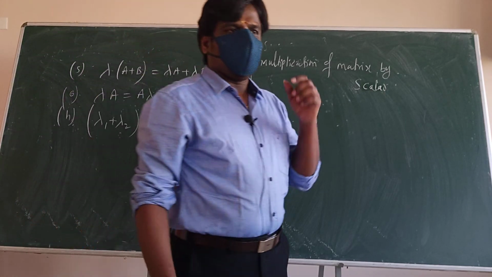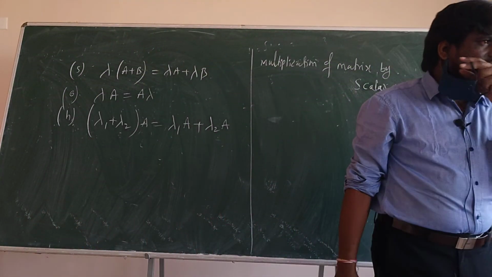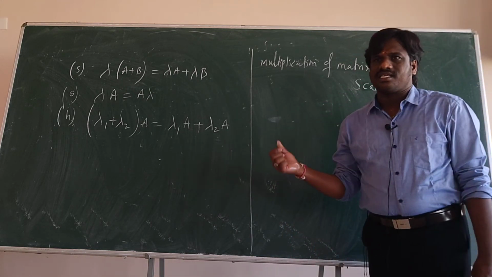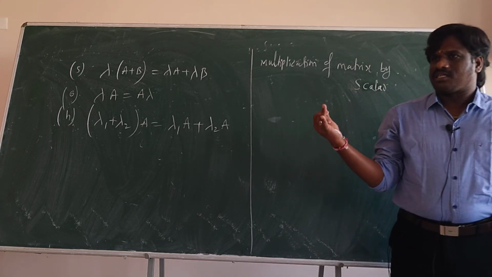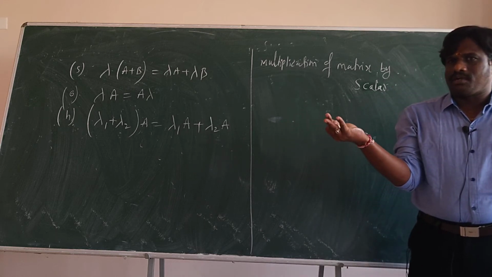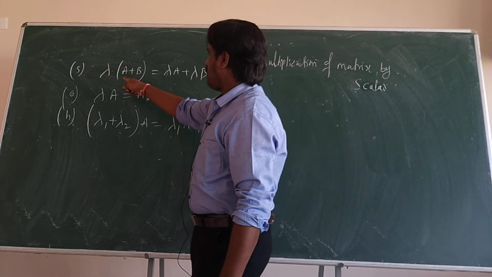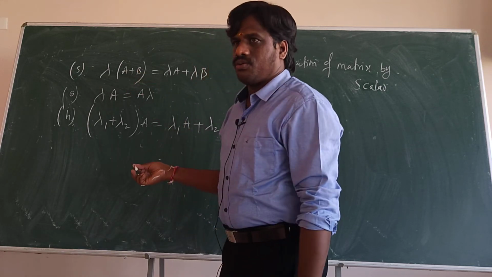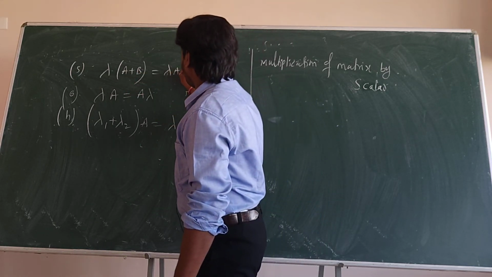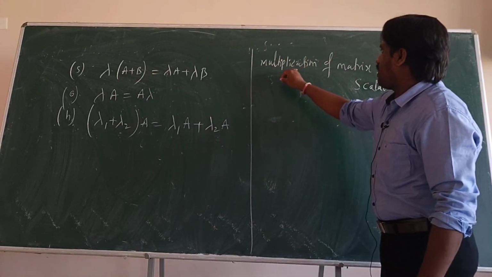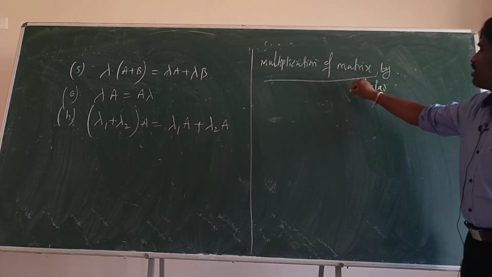See here, the remaining properties of addition in matrices. The remaining properties as I explained to you: commutative property, associative property, identity property, inverse property. Another one is lambda times A plus B, which we can write as lambda into A plus lambda into B. You get a confusion here, that's why I am explaining this point.